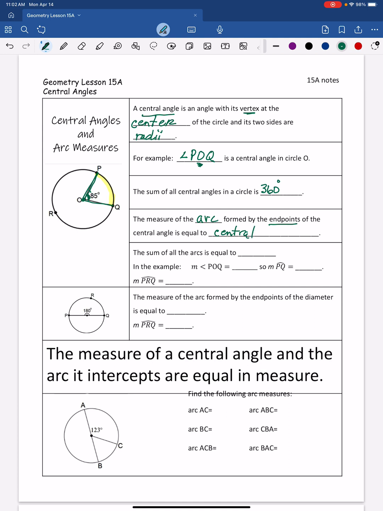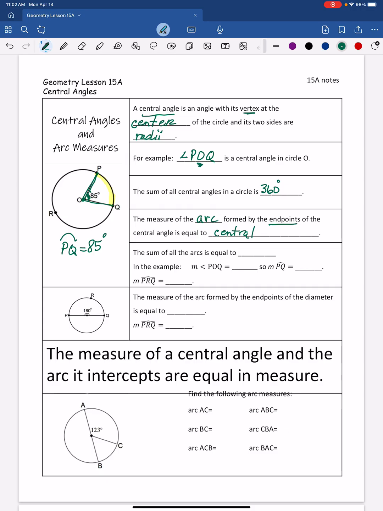The arc that goes with this central angle is arc PQ. Often we would write PQ with an arc over it. That is going to equal the measurement of the central angle, which in this case is 85, so arc PQ is going to equal 85 degrees.